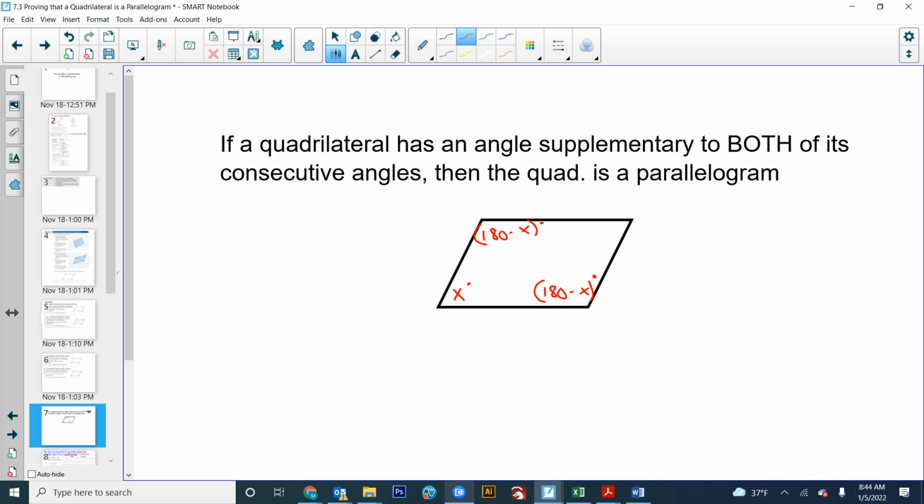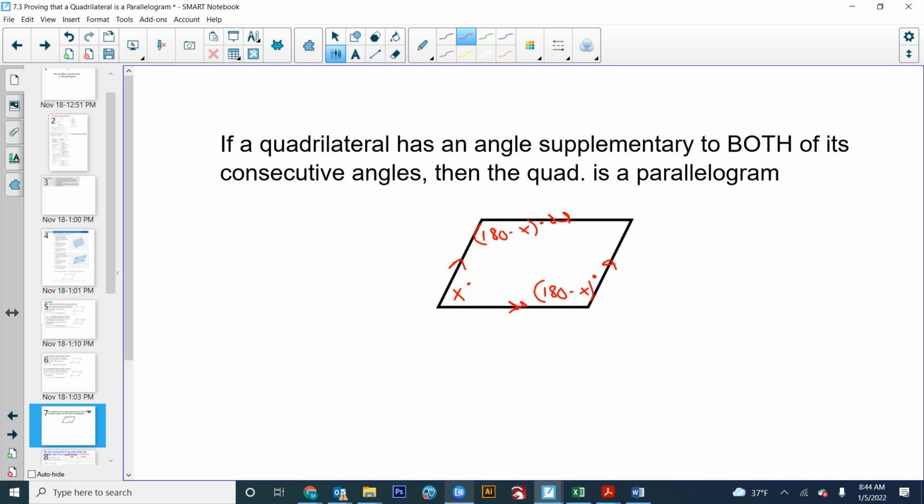And I bet it doesn't take too much for you guys to realize that this angle being supplementary to this angle makes these parallel. This angle being supplementary to this angle makes these ones parallel. And so the condition has been met. It must be a parallelogram. Can you see that? Okay.